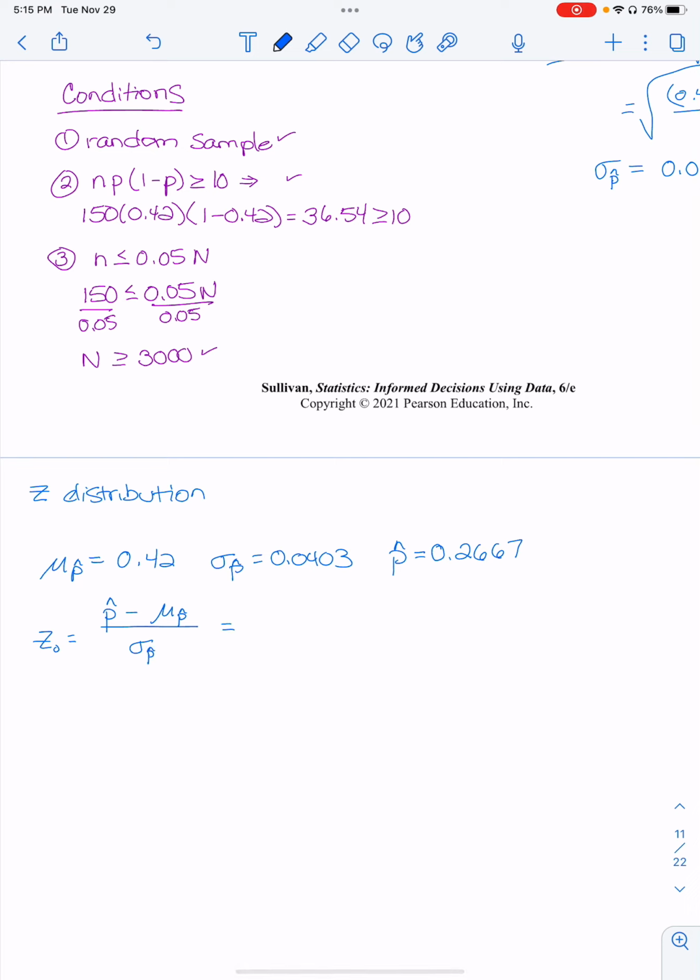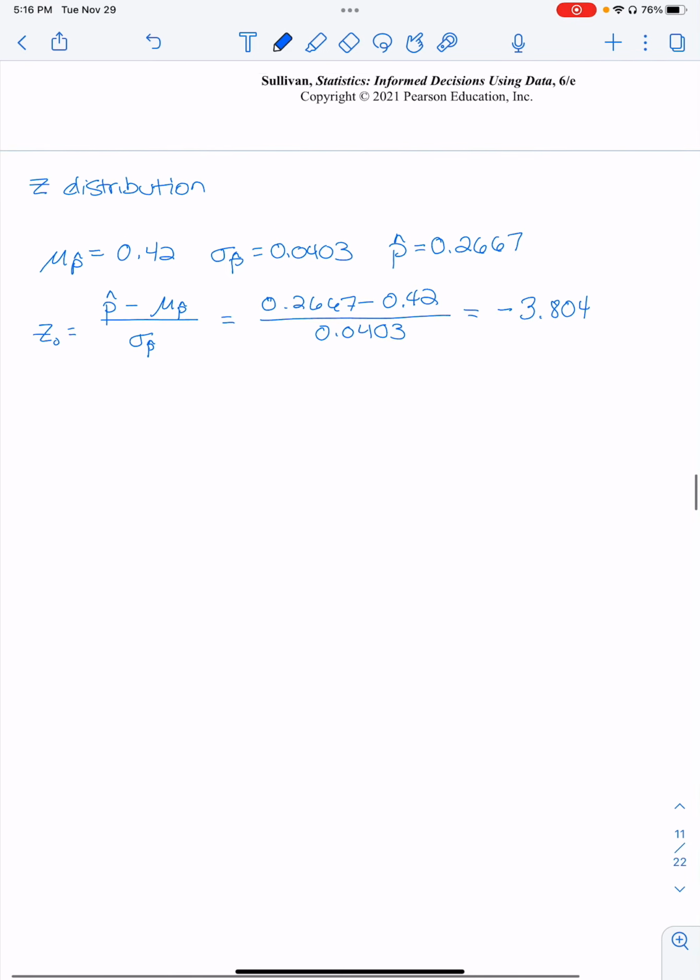So that's going to be 0.2667 minus 0.42, all divided by 0.0403. What I get if I punch that into my calculator is a negative 3.804. Okay, this is the part I didn't touch on in class.